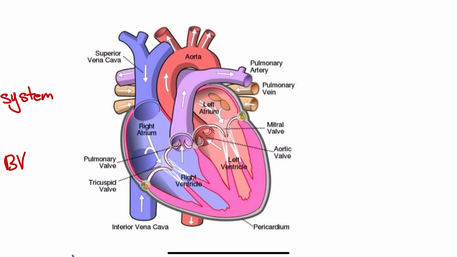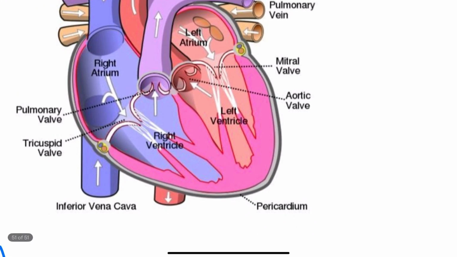It is protected in a connective tissue bag called pericardium. And the nice thing about pericardium is peri literally means going around, and cardium literally means the heart. So it means going around the heart. So it's the bag that the heart is in. And in here, there is pericardial fluid.